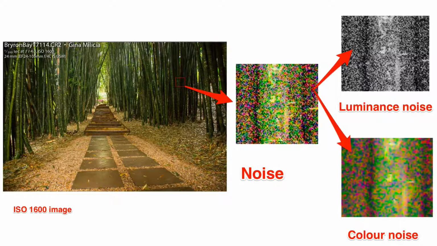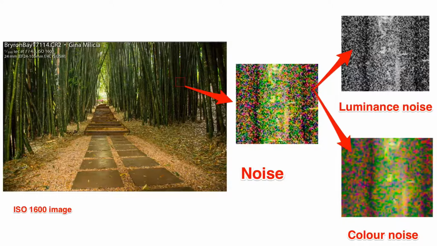So if we have a look at this image on the screen now, you can see where I've taken a section of the image, and you can see that the noise is a combination of two different kinds of noise. So there's luminance noise, which is actually the grain-like appearance of the image, and color noise, which are the color shifts of the image. And it's the color noise that is probably the most unattractive part of the noise.